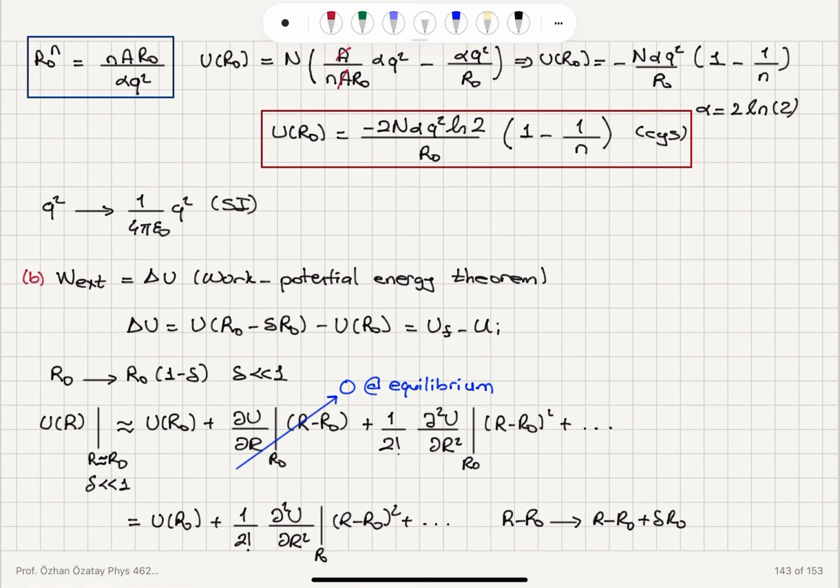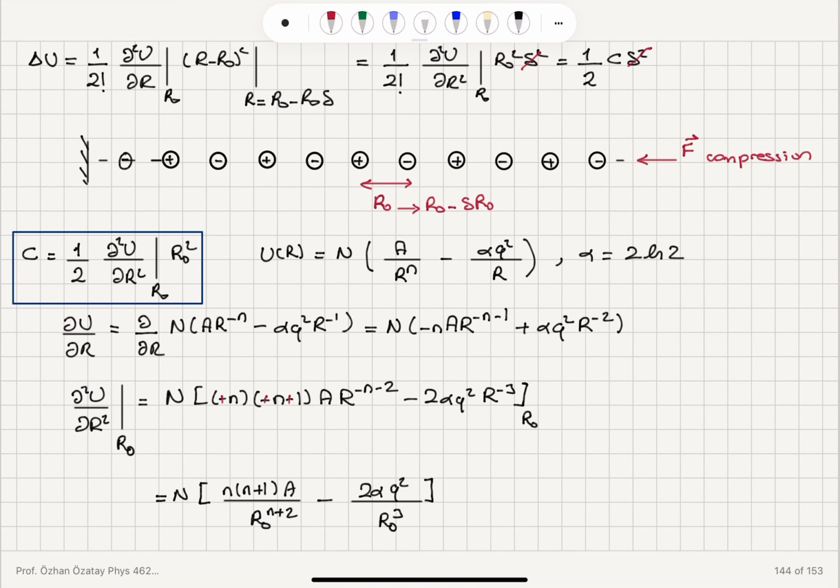And this subtracted from u of r0 basically gets rid of this term, and we obtain to first order the second derivative 1 over 2 factorial del square u del r square evaluated at r0 multiplied with r minus r0 square. This is set equal to 1 over 2 c delta squares. Delta squares cancel, and also the 1 over 2's cancel here, and we obtain c is equal to second derivative of u with respect to r evaluated at r0 multiplied with r0 square.